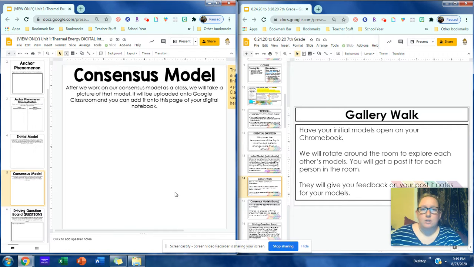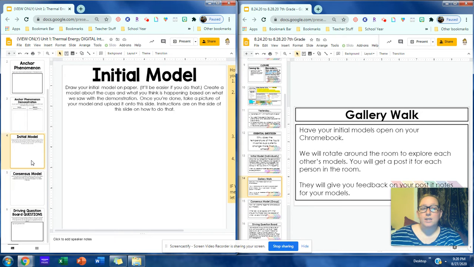So even though you're not in class, you'll still contribute to what you feel should go on the model. So don't worry about this slide today, because there's not really much you can do when you're not in class. I'm going to take a picture of the model we do in class and put it on Google Classroom, and you're going to insert it in there later.